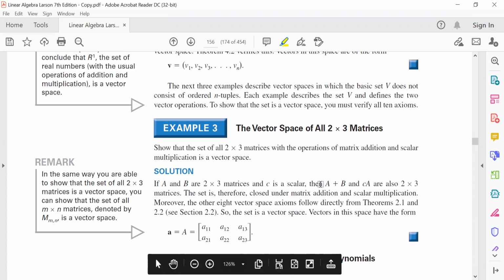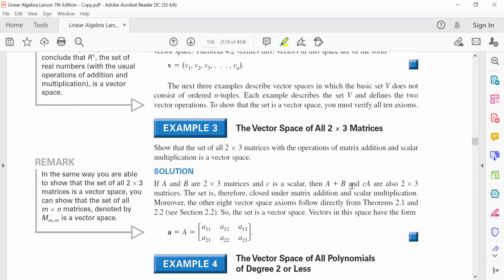If you add a 2x3 matrix to another 2x3 matrix, you get a 2x3 matrix. If you multiply a 2x3 matrix by a scalar, you get a 2x3 matrix. So we have closure, those are 2 important properties. It's closed.